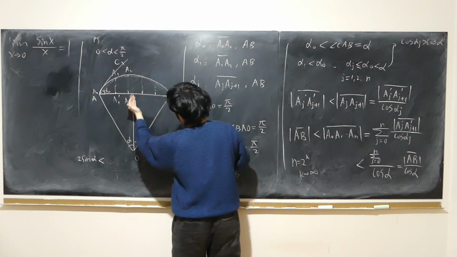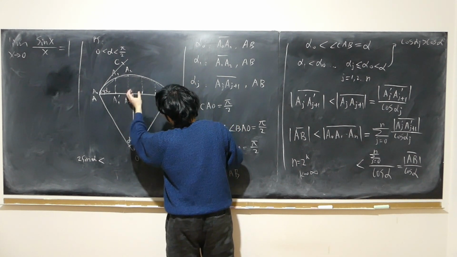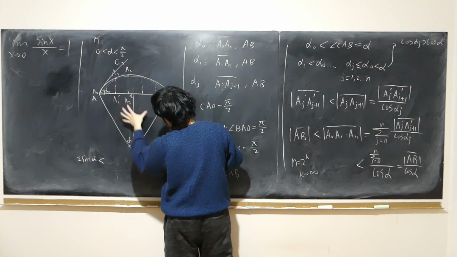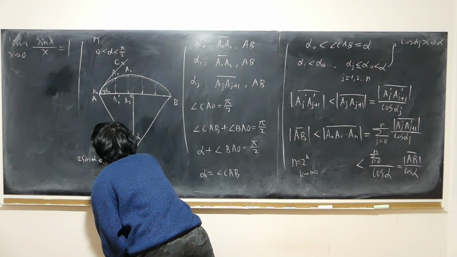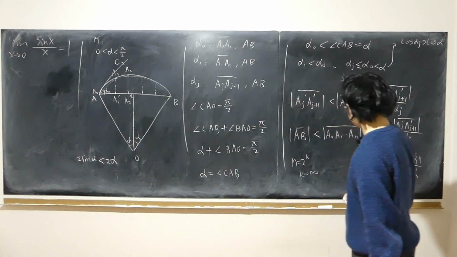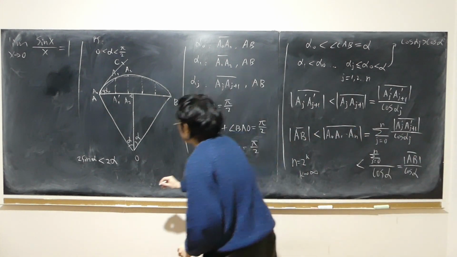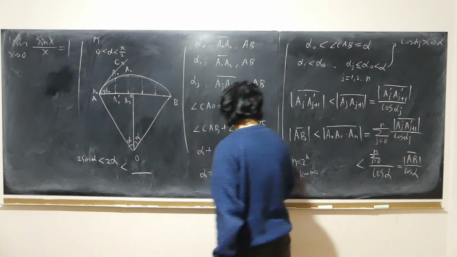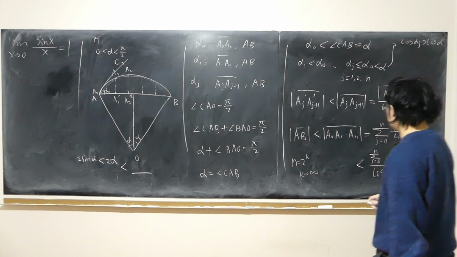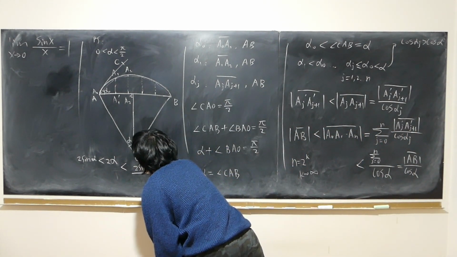The arc length is first this alpha, so half of the arc length is alpha. I have twice alpha as the arc length. Right? So twice alpha. And the right-hand side stays at right-hand side. Right? Is less than AB. AB, like I said, twice sine alpha over cosine alpha.